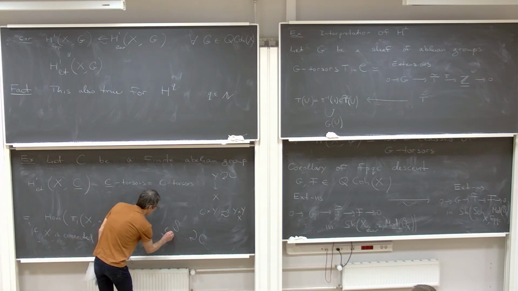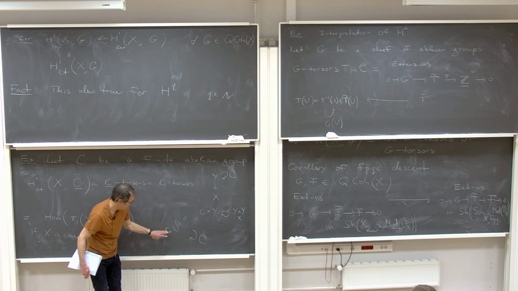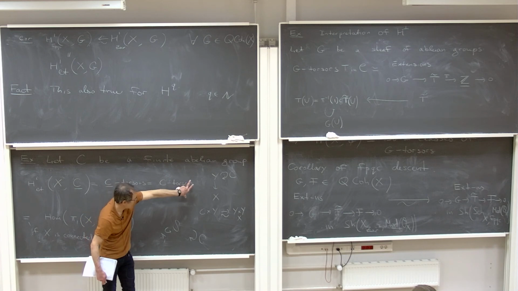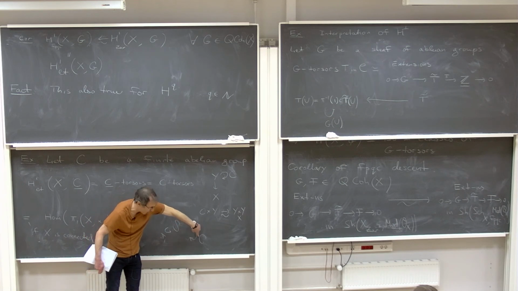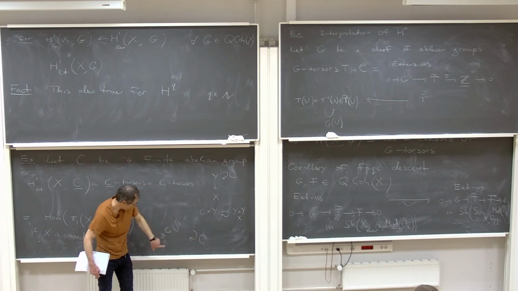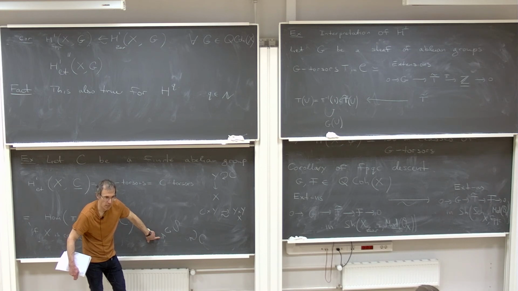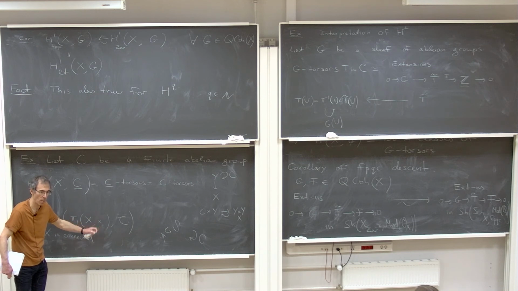So there is an equivalence again between the category of C torsors and the category of the following objects: a finite set with an action of the abelian group C and also with a commuting action of pi 1. Isomorphism classes of such objects are in one-to-one correspondence with homomorphisms.